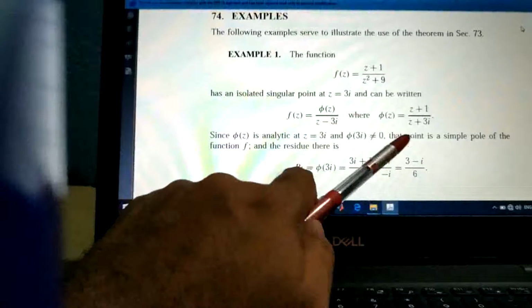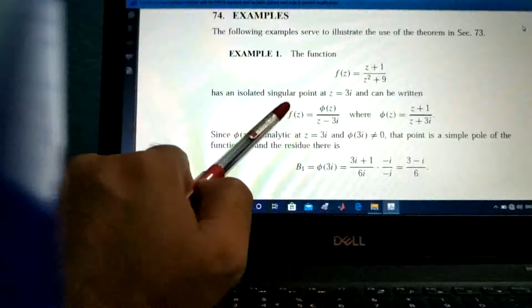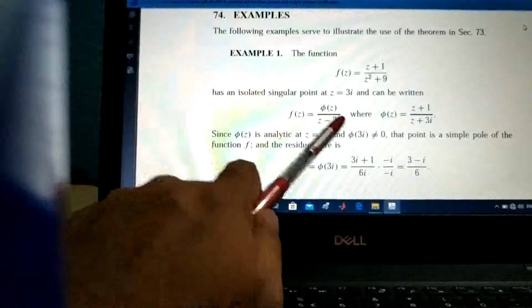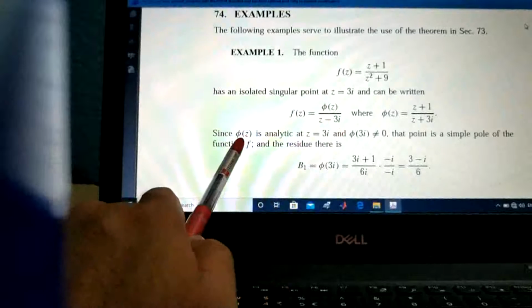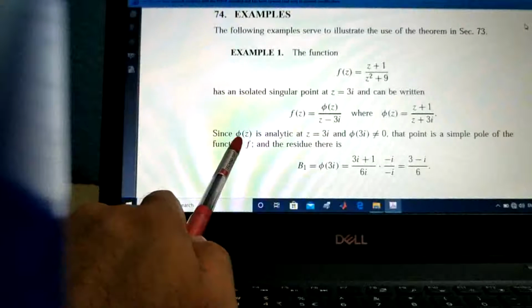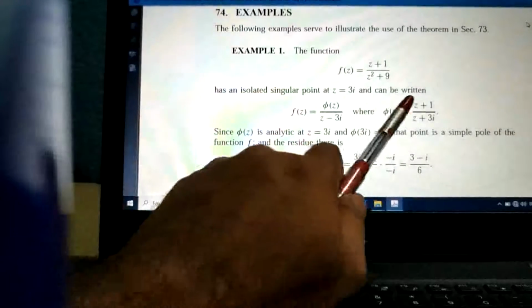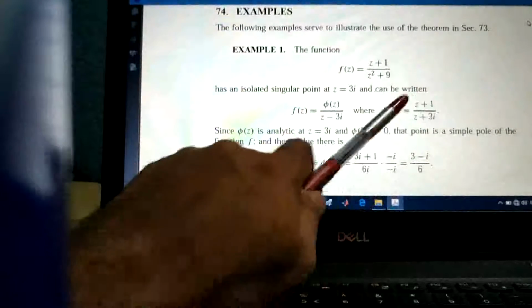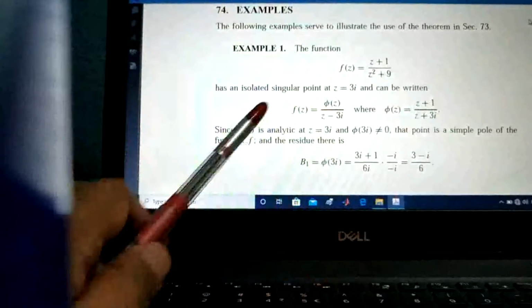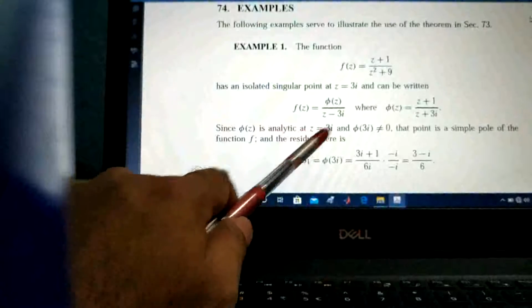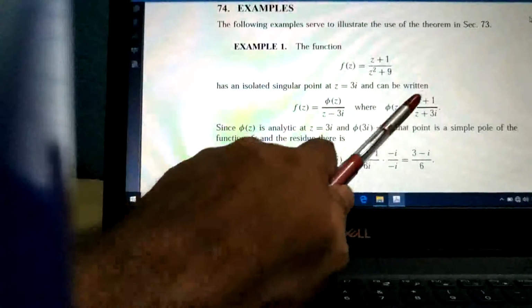So this z equals to 3i will be, and we need to verify two things more. First of all, m equals to 1 here, and phi of z is analytic at z equals to 3i, which means clearly we can see this has no problem being analytic at this point, and phi of 3i is non-zero.